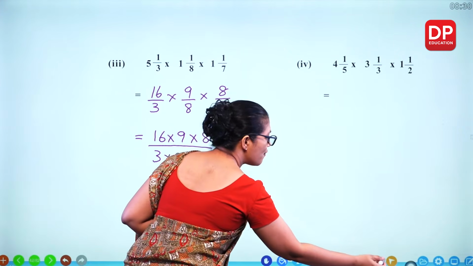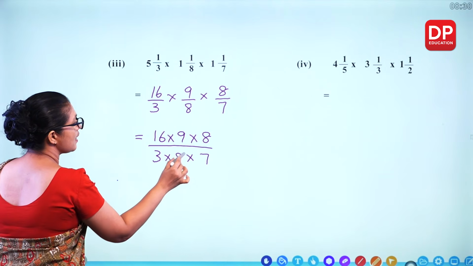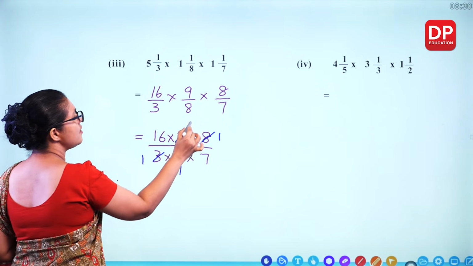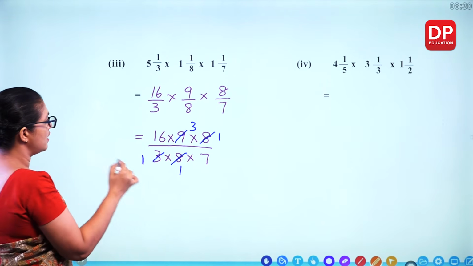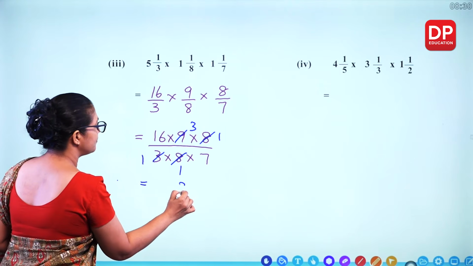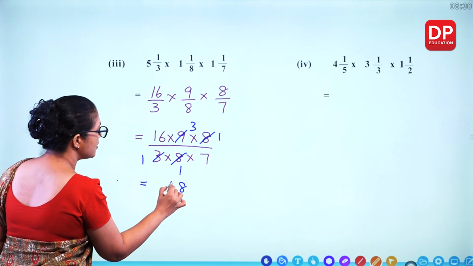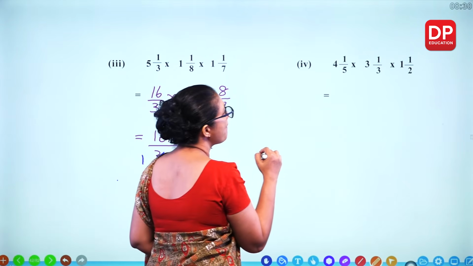Cross out the common factors. 8, 8. 3 with 9, you get 3 here. So you get 16 times 3, 48 is the answer.